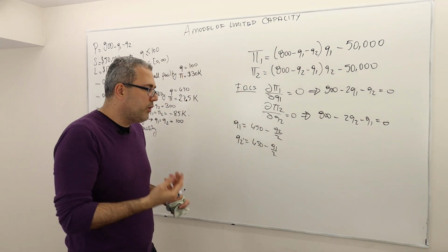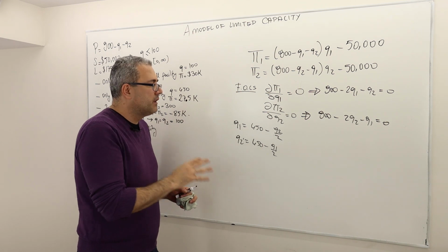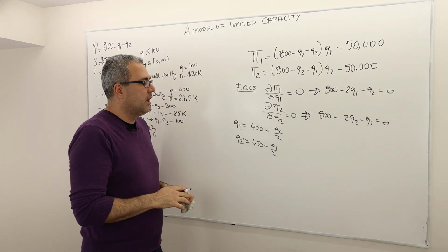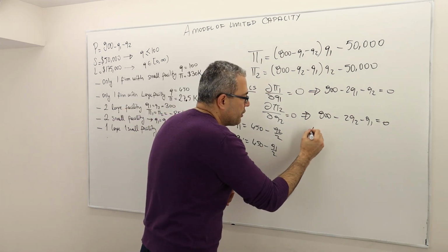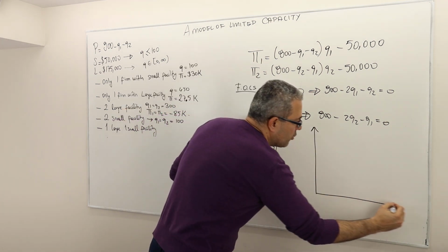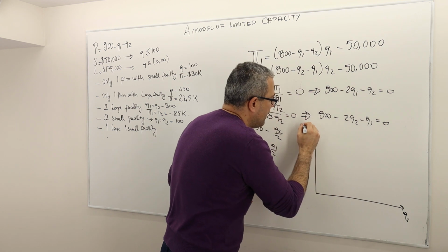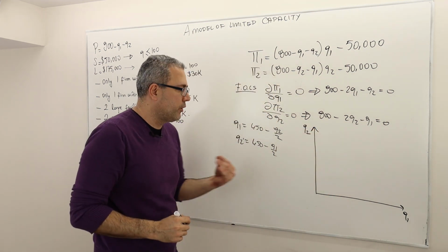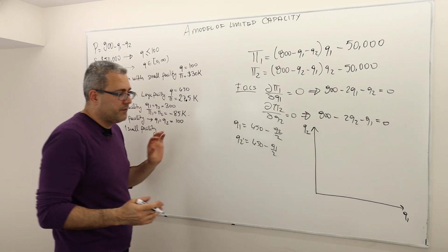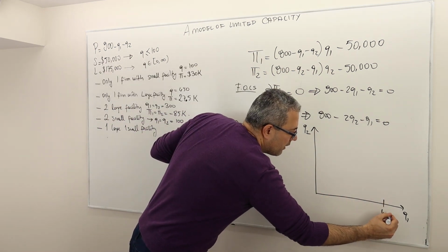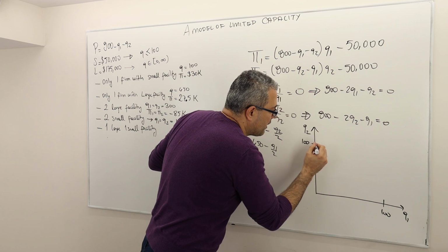Okay, so how do we graph the best response functions for these two firms? Well, simple, as we usually do, draw Q1 versus Q2 graph, right? So these are the strategies for firm 1 and firm 2. Well, don't forget, both firms have small facility, and so their constraints are 100.